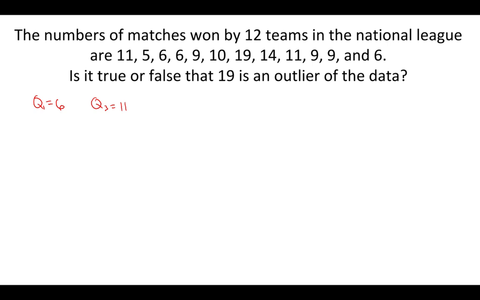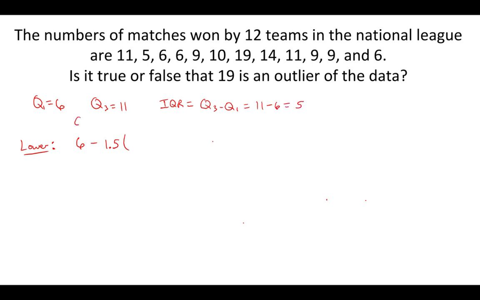So for my lower, it is Q1, so that's 6, minus 1.5, that'll always be 1.5, times the interquartile range, which means I need to calculate my interquartile range. That's an easy calculation. IQR is just Q3 minus Q1. So 11 minus 6, which is 5.